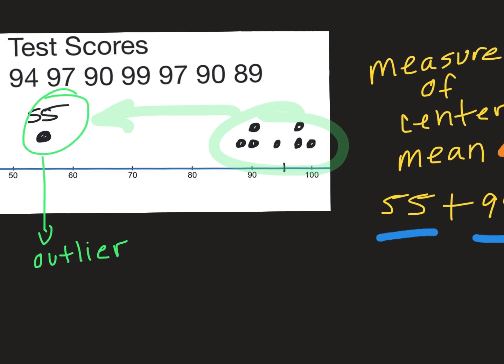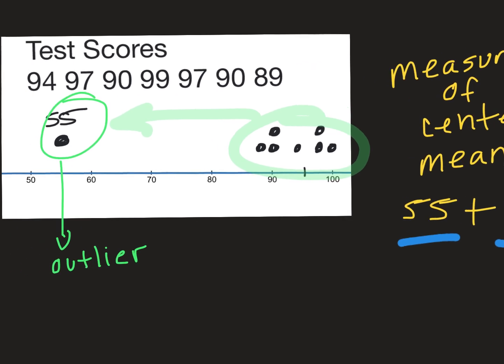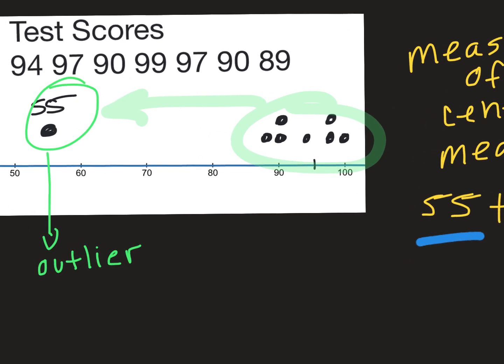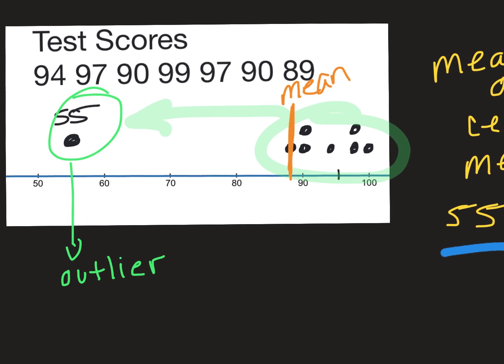So if I look where 89 would be on the dot plot, this is where my mean is, and it's not right in the center anymore. Why is it not in the center?